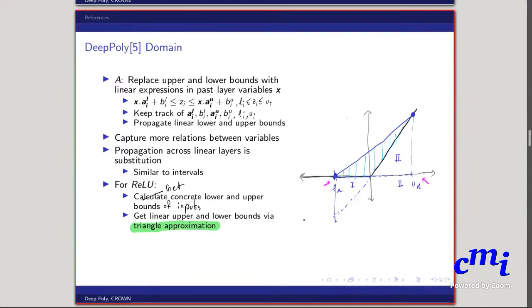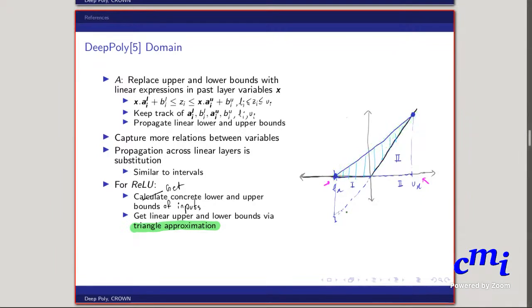And the idea is this: for the upper bound, what they do is they take the point where you hit this concrete lower bound, and you take the point where you hit the concrete upper bound, and you connect them, right? So you consider this sort of a line, right? Notice that this line within this interval of input values is always going to be greater than whatever the value of ReLU is, simply because ReLU is a convex function, right? So this is always a line that you can take as an upper bound, right?